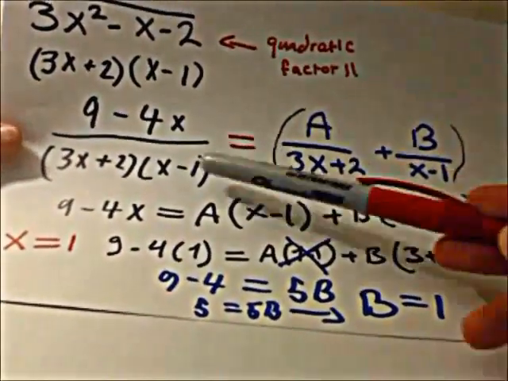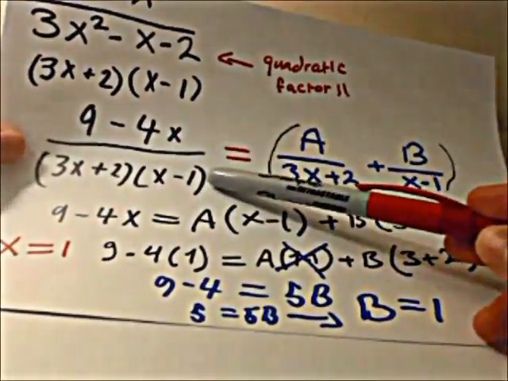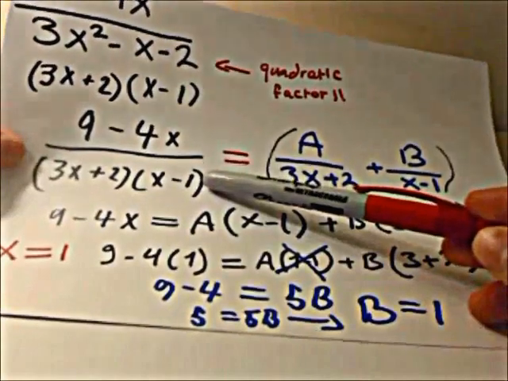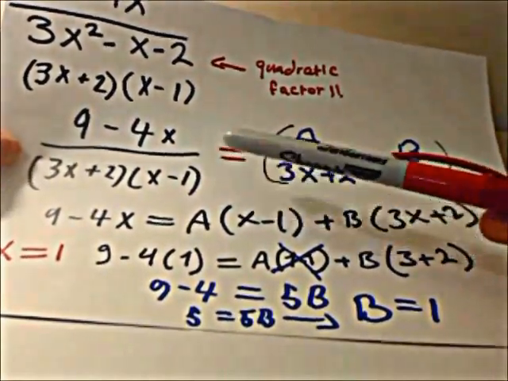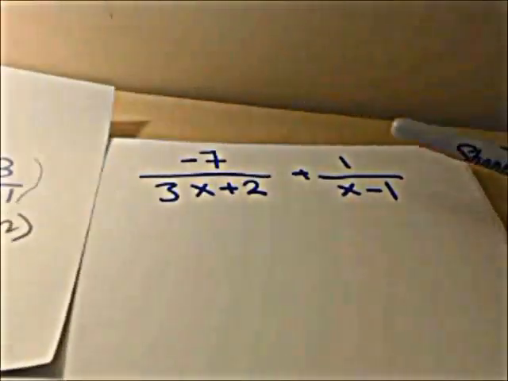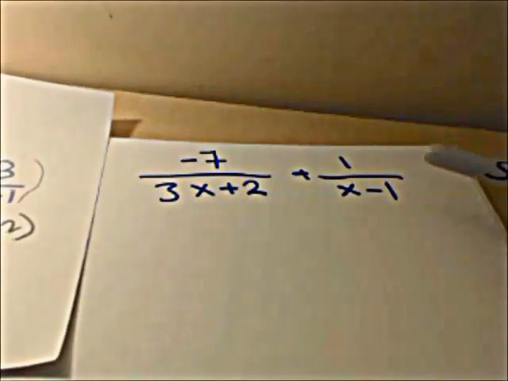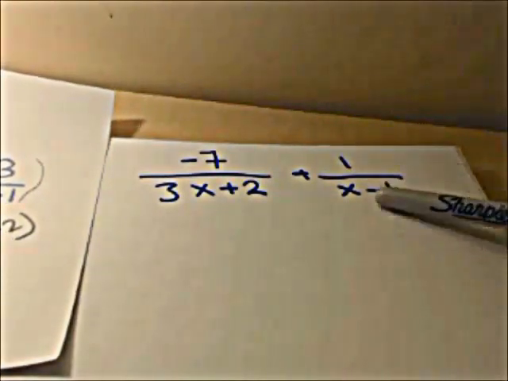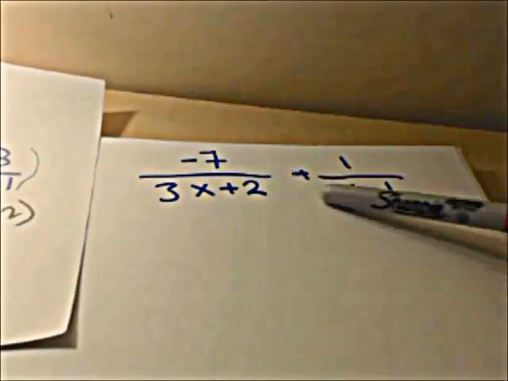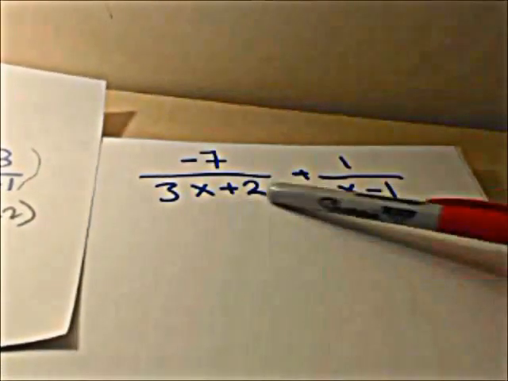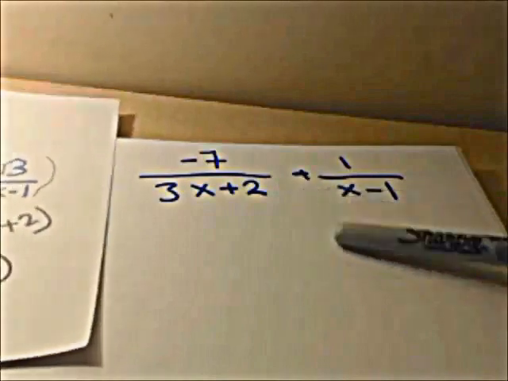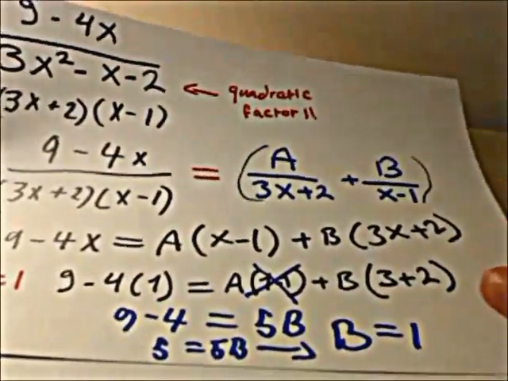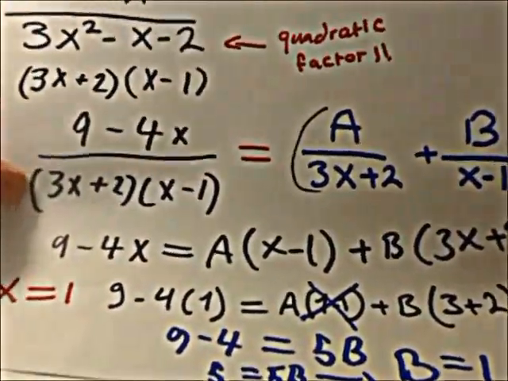So this original fraction, in partial fractions, turns into -7 over (3x + 2) plus 1 over (x - 1). If you were to make a common denominator of these two partial fractions, we're going to revert back to the original fraction.